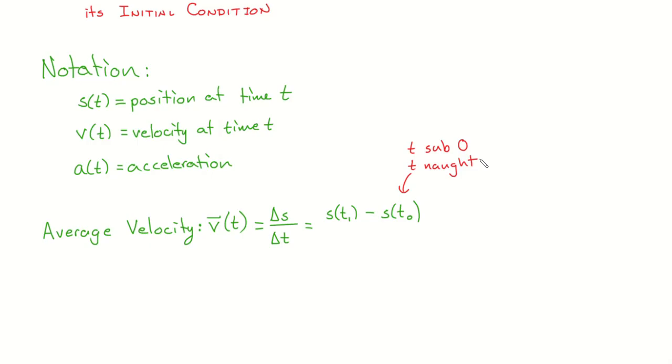Not "naught" is what we use for sub 0. Cool. We just need time 1 minus T naught. Cool. Change in position over time. Nothing crazy happens, right?